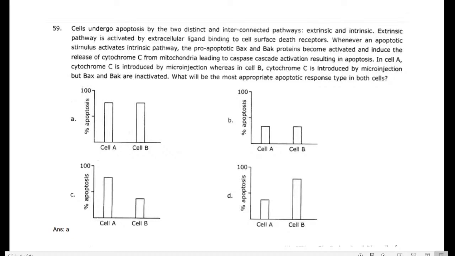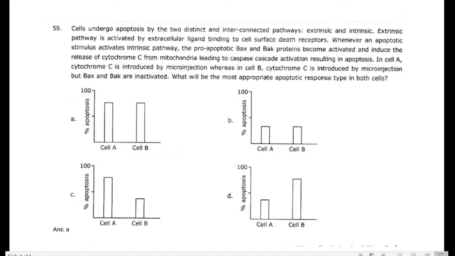As per their statement, first, the pathway is activated by the extracellular signal. Second, this pathway activates the pro-apoptotic proteins, BAX and BAK. After the activation, cytochrome C is released from the mitochondria. That is the third step. After the mitochondrial release, it leads to the cascade activity, and then apoptosis automatically happens.